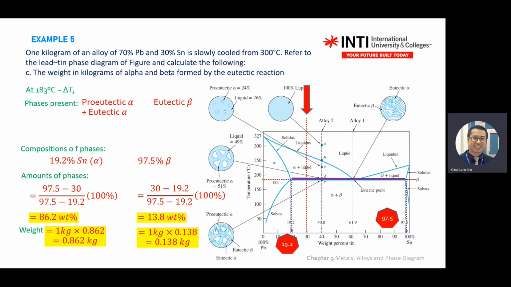You have 1 kilogram times the ratio. You get in 1 kilogram, you have 0.800 kilogram of alpha, 0.13 kilogram of beta, for example. Right? If the question asks you to calculate weight, you just assume you have 1 kilogram and then times the ratio.